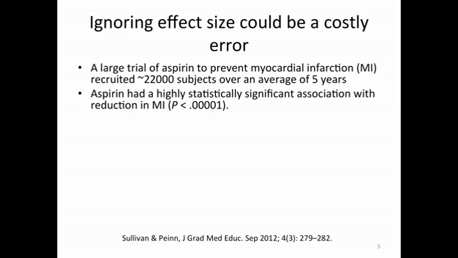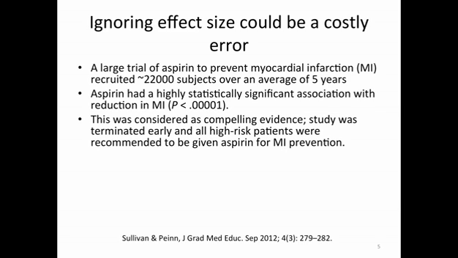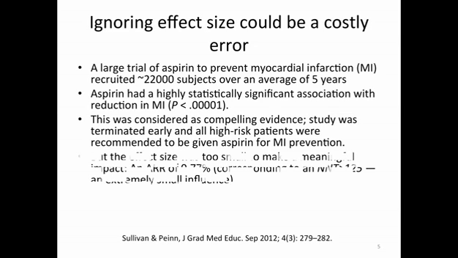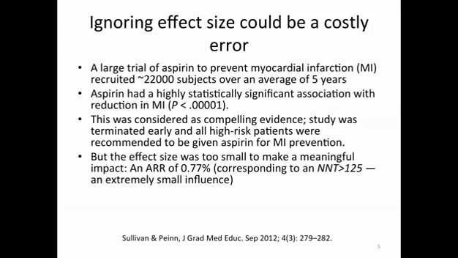Aspirin had a highly statistically significant association with reduction in myocardial infarction, with a p-value of less than 0.00001. This was considered as a compelling evidence. The study was terminated early, and all high-risk patients were recommended to be given aspirin for preventing MI. But the effect size was too small to make a meaningful impact.